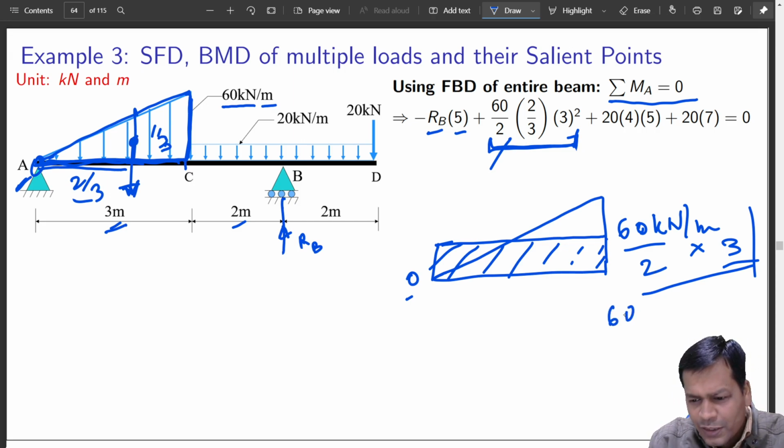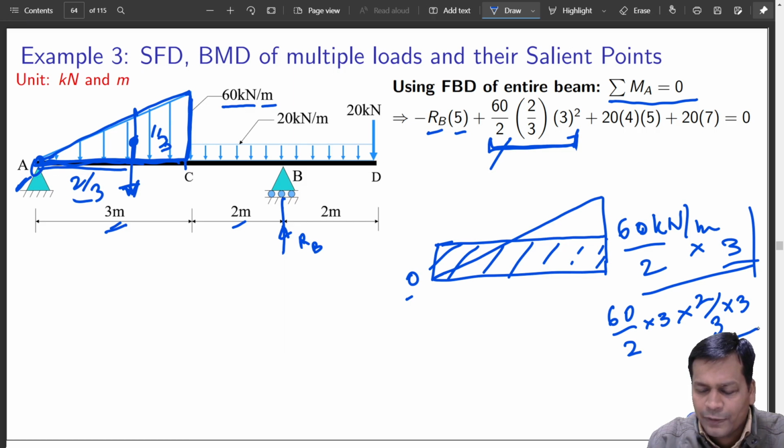So 60 by 2 is the mean load variation, that is the uniformly distributed load equivalent, into 3 is the total load that is coming over here, and then 2 by 3 times 3 is the location where it is acting.